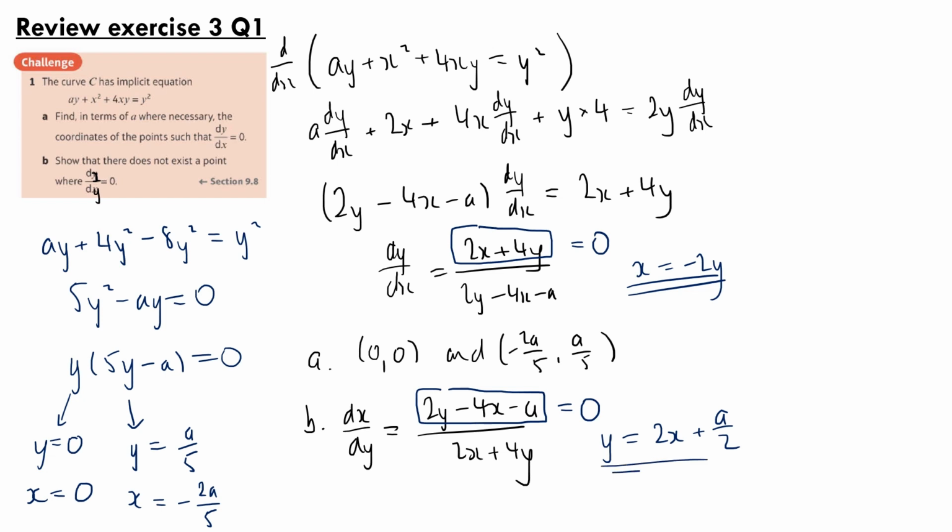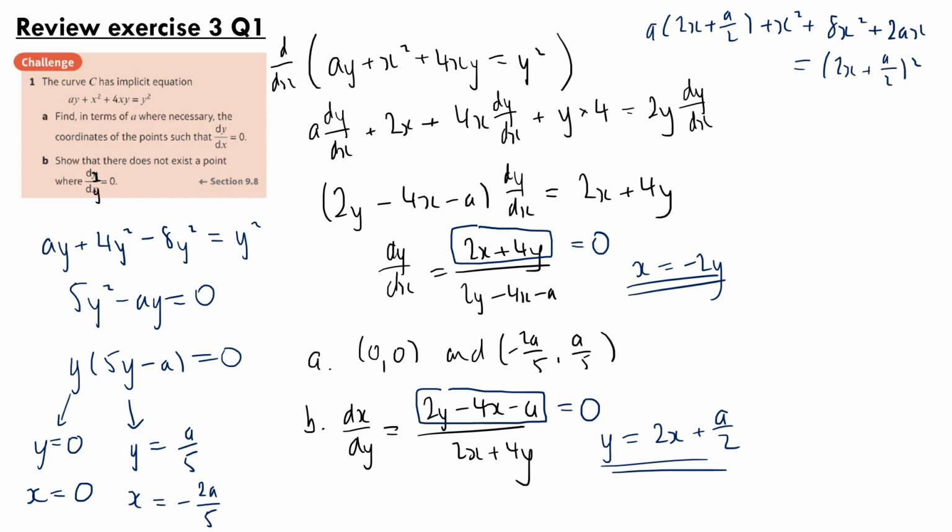And if we plug this into our original equation, we have that a times y, so a times 2x plus a over 2, plus x squared plus 4x times y. That is 8x squared plus 2ax is equal to y squared, so 2x plus a over 2 squared.